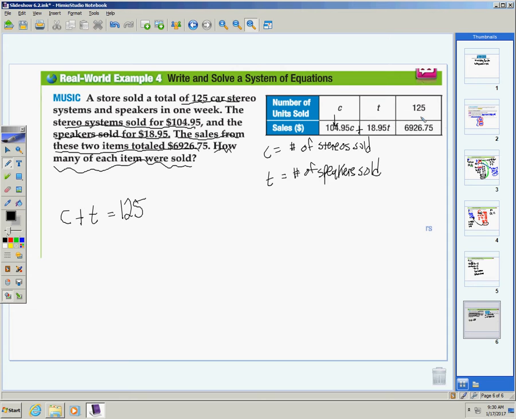So that's where I get my other equation. So I'd have 104.95C plus 18.95T equals $6,926.75.